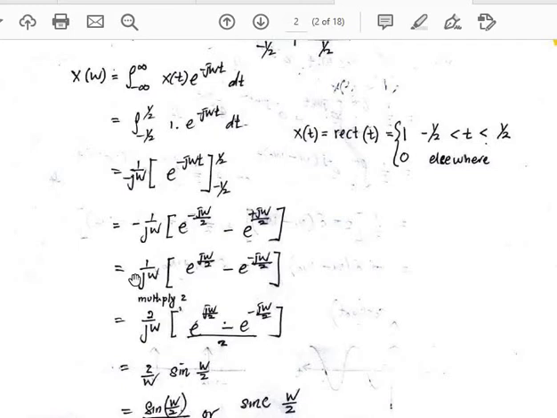Exponent j theta plus or minus, you still remember that one is a cos or sine? The sine is exponent j theta minus exponent minus j theta over 2j, right? So that is the sine. So if you look at here, you also have j. If divided by j, it's definitely a sine.